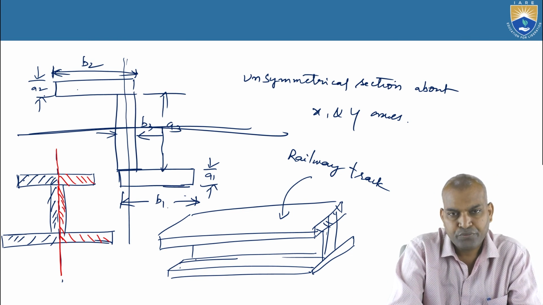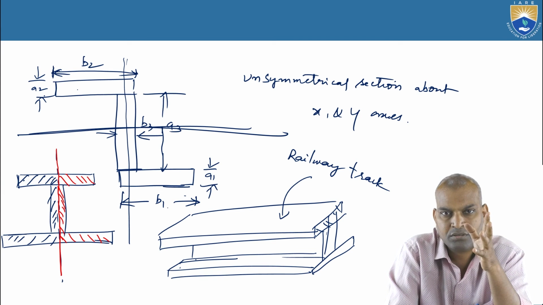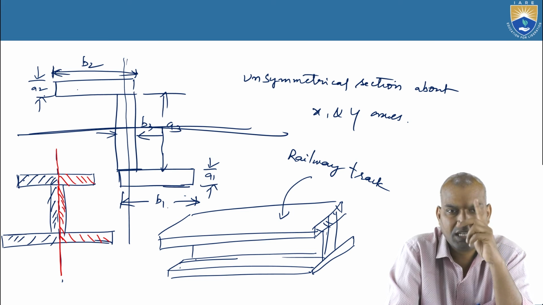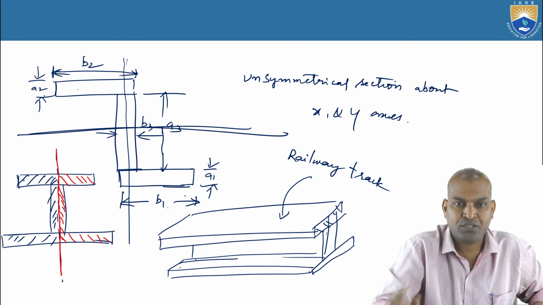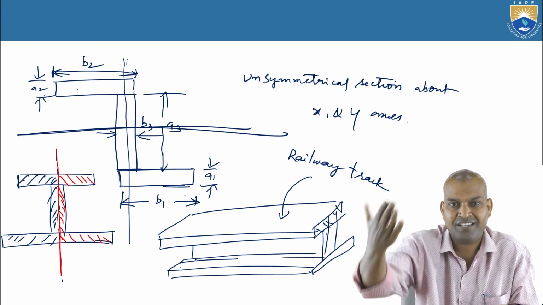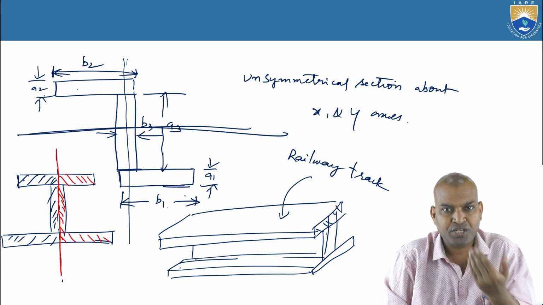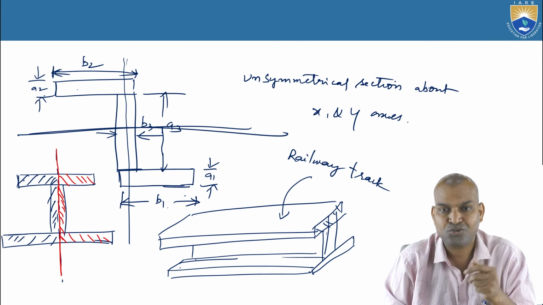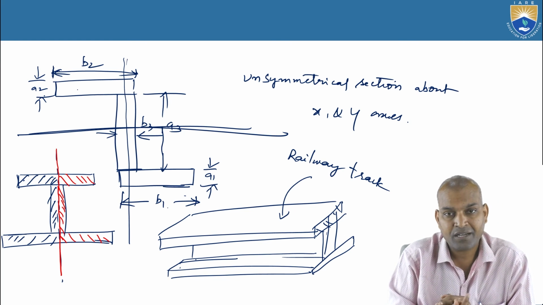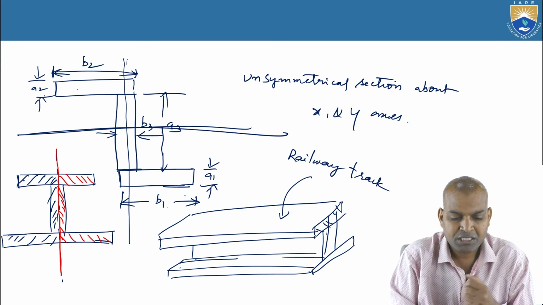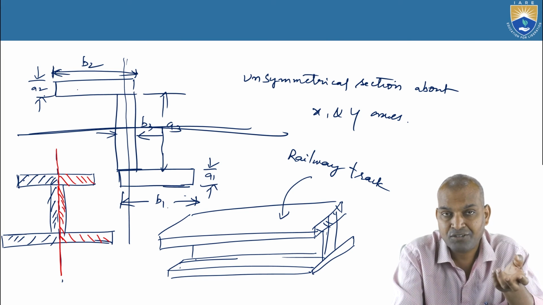Alright. The human body is symmetrical about the y-axis, the vertical axis, and it is unsymmetrical about the horizontal axis. If you fold the human body horizontally, the top and bottom portions are not symmetrical. So we are symmetrical about the y-axis. Okay, why should we consider symmetry?